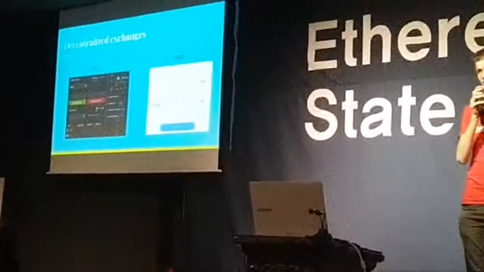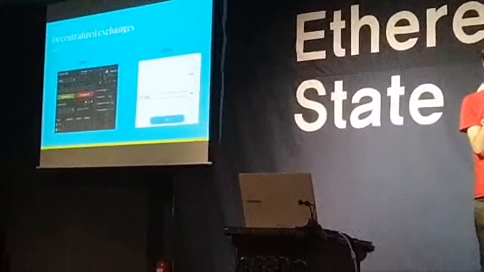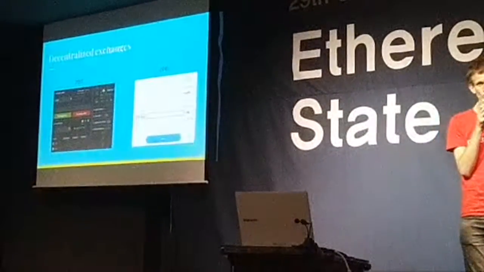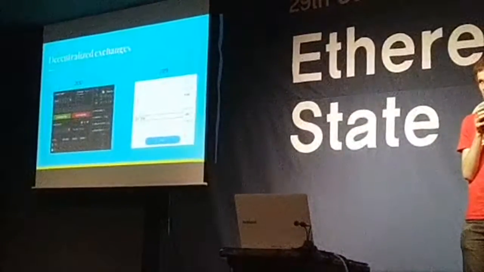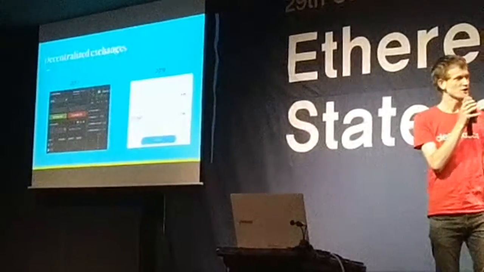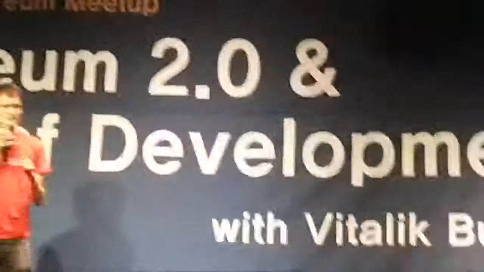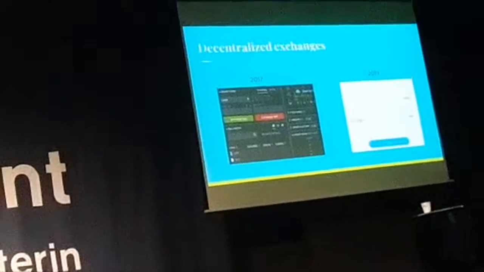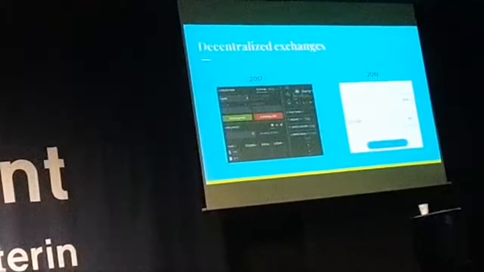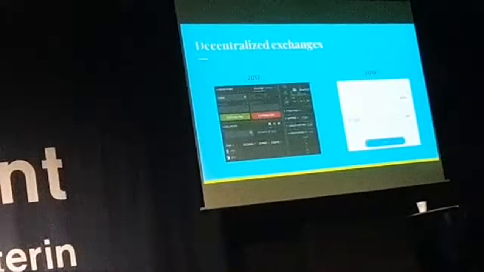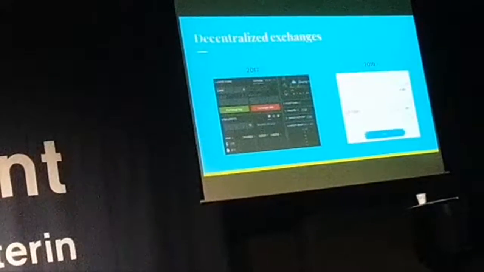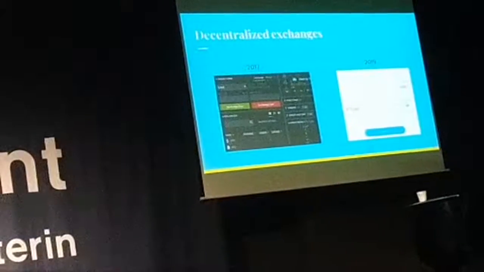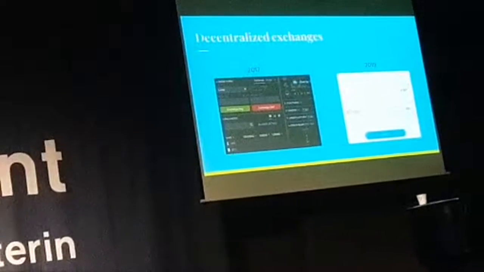And it would always be complex, it would be difficult, you would need to sign 4 different transactions, one to approve, one to deposit, one to do some other things, and it would be complicated. 2019, you have Uniswap and you have other platforms, and you basically have on-chain decentralized exchanges that let you trade from one token to another token in one click, right? You click the button and then MetaMask opens up, it asks for a confirmation, you say yes, and you send the transaction, and that's it.